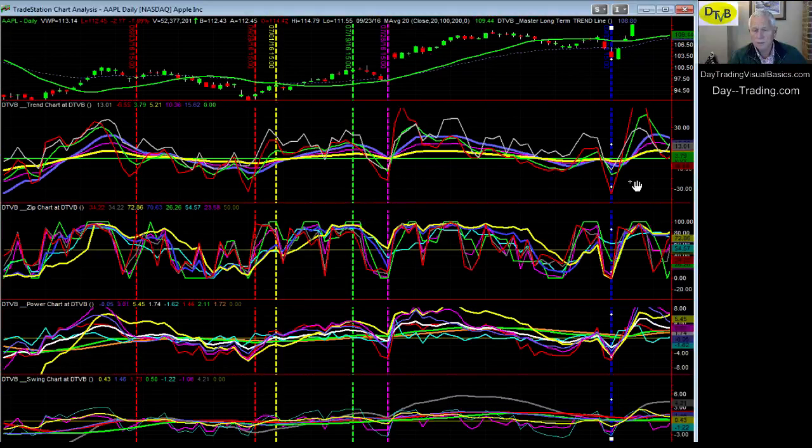Trend red is in a spike down, and zip red, yellow, gray, blue are all in low angle downs. Power red is in a low angle down, and swing Zion is in a low angle down. So when you add zip red to the formula, it becomes the big 4.